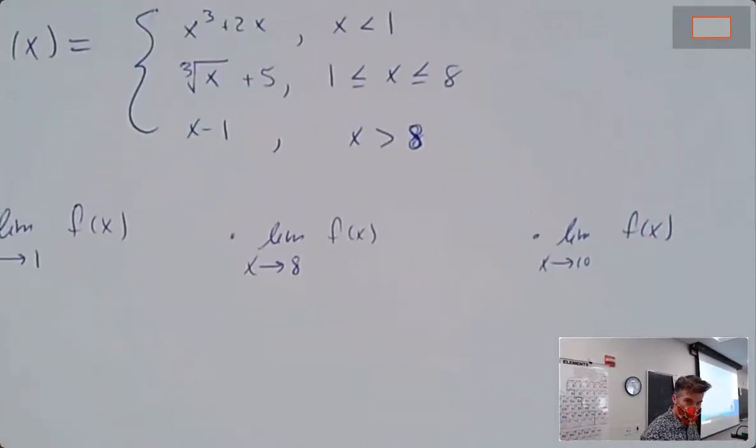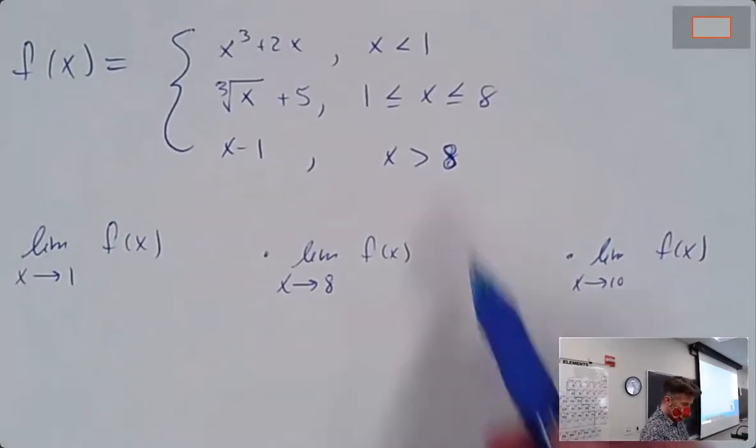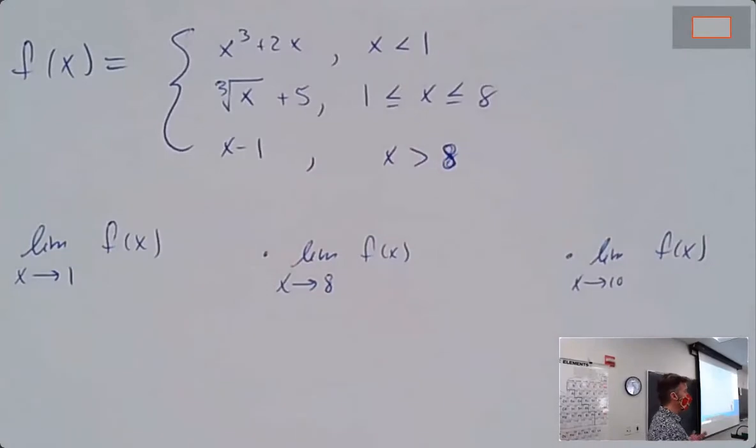Oh, sorry, I guess we kind of want to see the function though as we do this. So for x approaches 1, we're going to look at the left and the right-hand limit because we can see that there are 2 different functions on either side of 1. There's a piece that this function is defined to be on the left of 1, and a piece that it is defined to be on the right of 1.